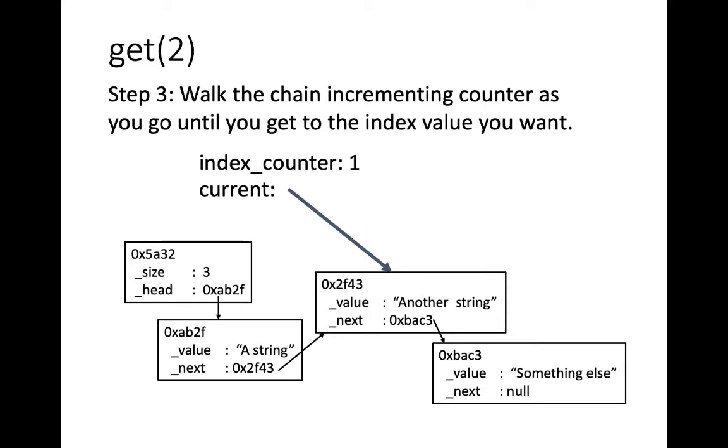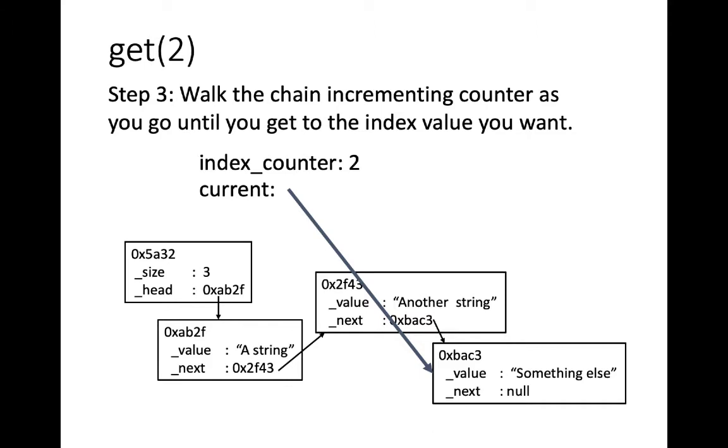So now it points there. And I'm still in my while loop, while index counter is not equal to the index I'm looking for. So 1 does not equal 2. I guess I need to do this again. So I keep walking.